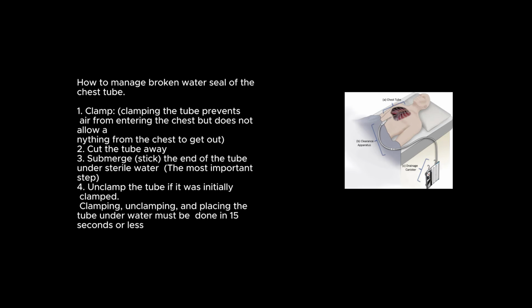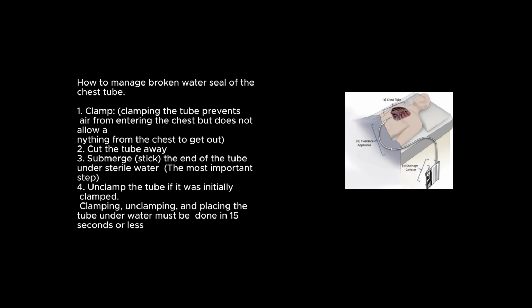This is to prevent air from moving into the chest and allow content to move out of the chest, especially if it has to do with pneumothorax or hemothorax, either of them. The next thing is to unclamp the tube if it was clamped. I said the first step, clamp the tube; second, cut the tube away; third, submerge the end of the tube under sterile water.